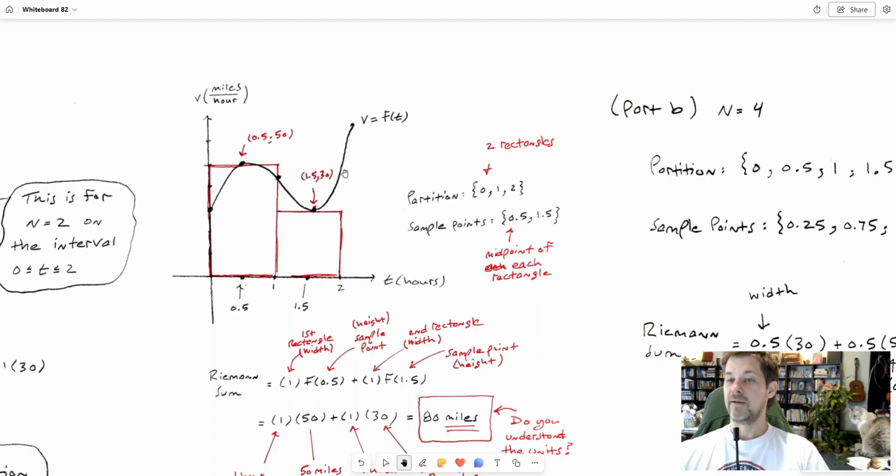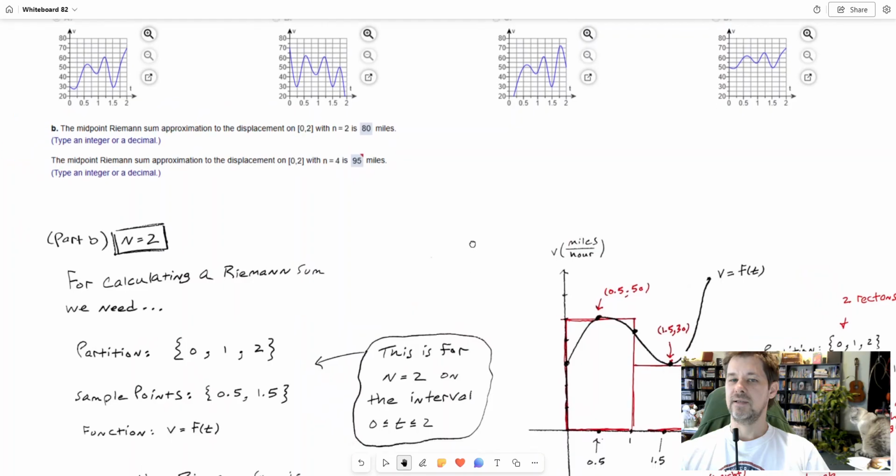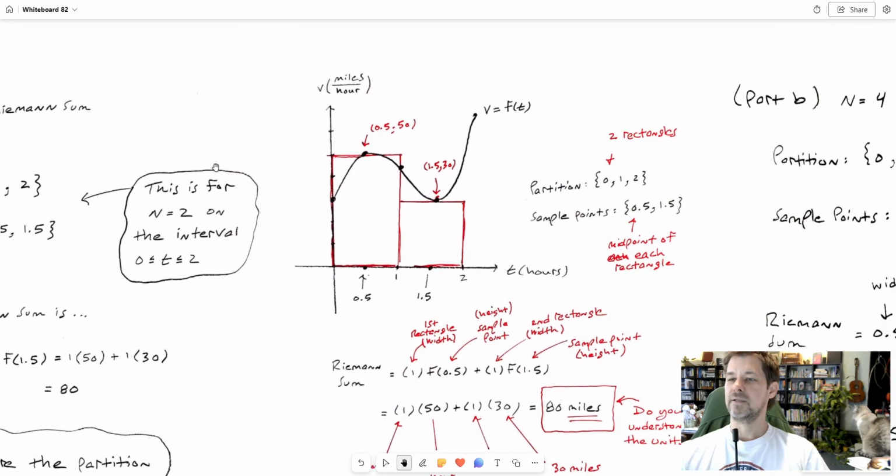On this graph, this curve where velocity is a function of time, I'm going to impose two rectangles of equal width. So when this says n is equal to 2, just imagine that we have our partition on the horizontal axis into two rectangles. The first one would exist from 0 to 1, and the second one from 1 to 2.